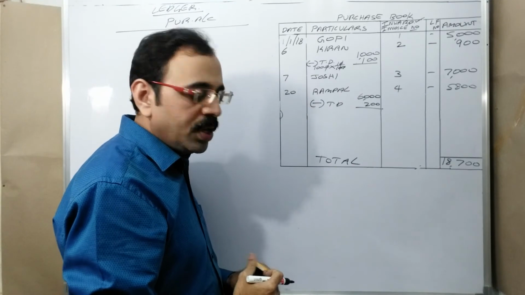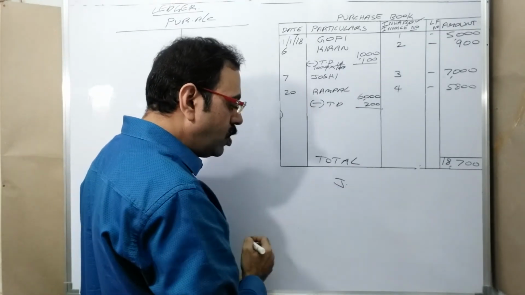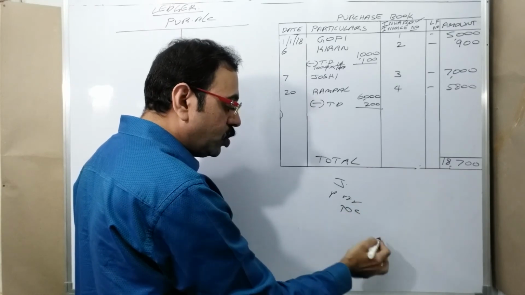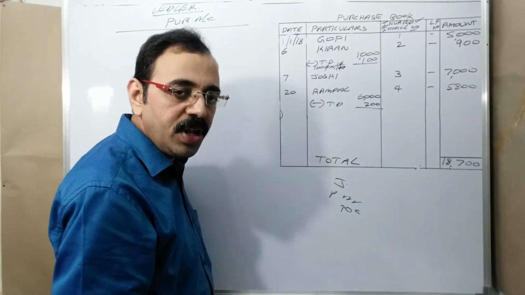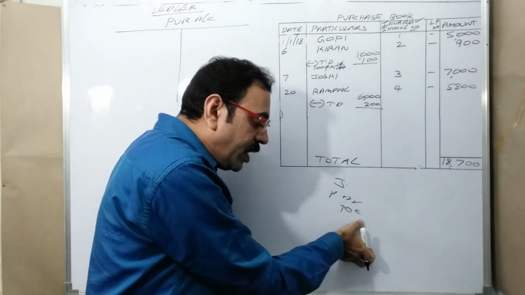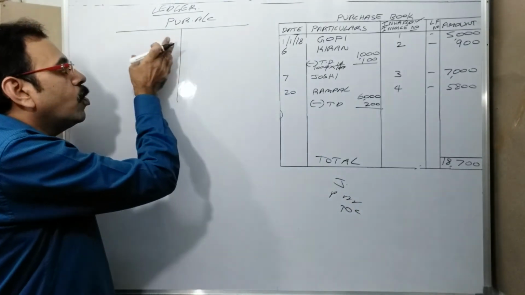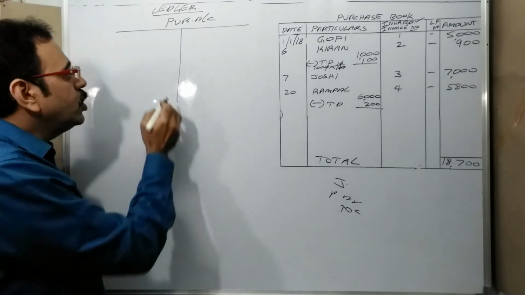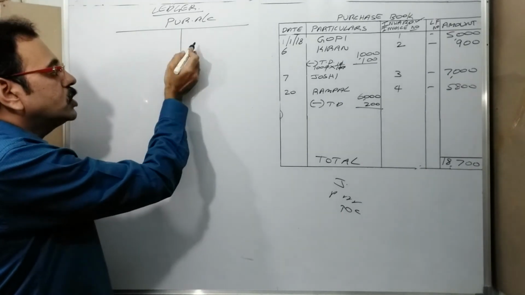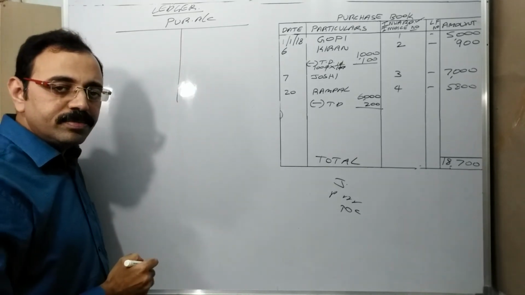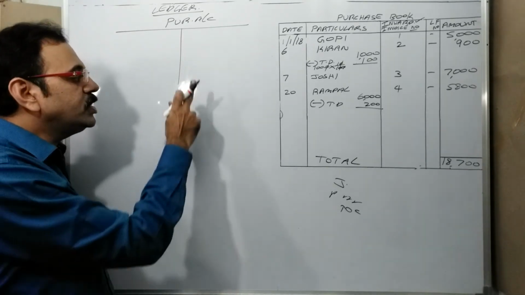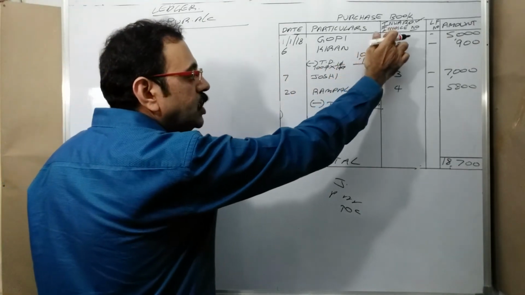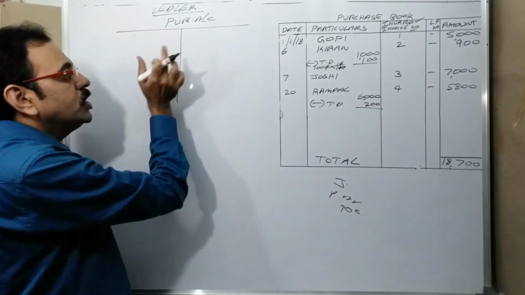If you maintain a journal book, all those 500 transactions we should record in the form of journal entries. Then 500 transactions, one by one, we should post in the purchase account, 500 times. 2 cash, 2x, 2y, like that. It is a waste of time. But the facility of the subsidiary book is that you need not post individual amounts in the purchase account.